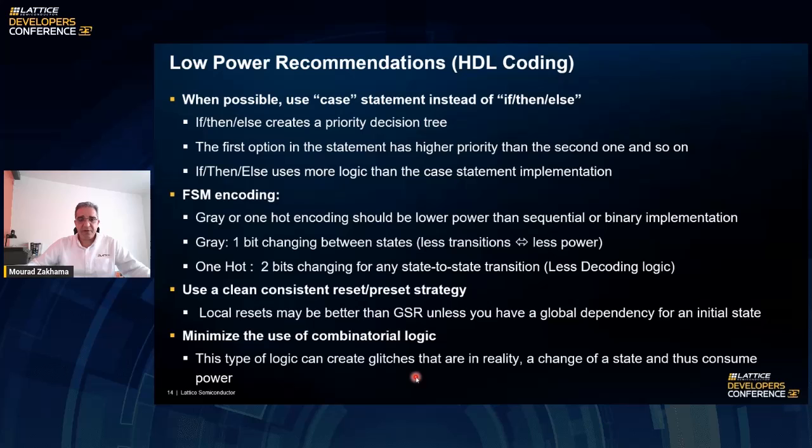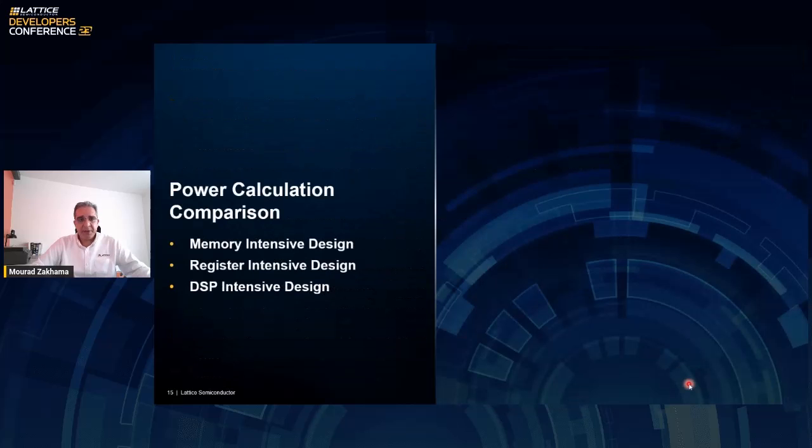So if you have a lot of combinatorial logic, a lot of power is consumed unnecessarily. By synchronizing your logic, you minimize the impact of combinatorial logic. So that concludes the low power by design section.